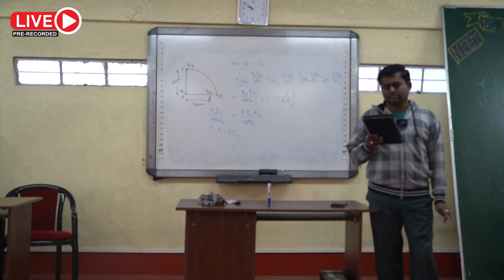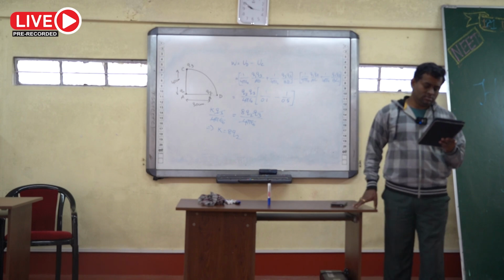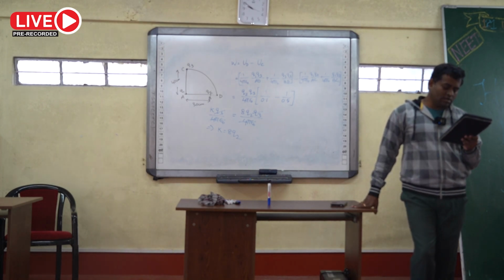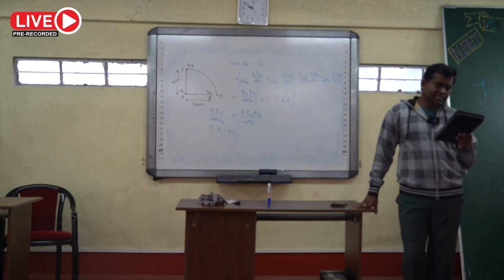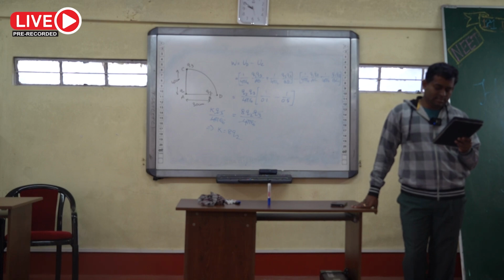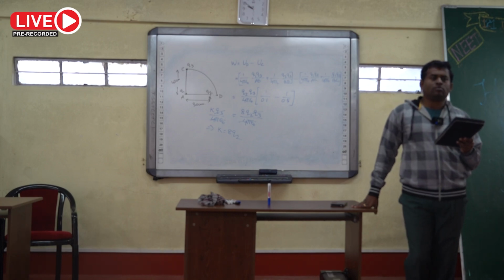Option C, 2 N2C1 divided by N1. Option D, 16C1 divided by N1 N2.